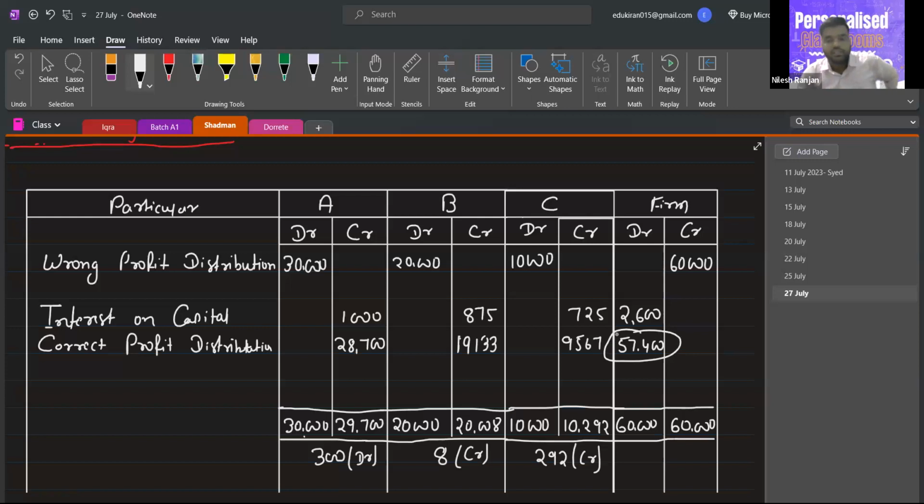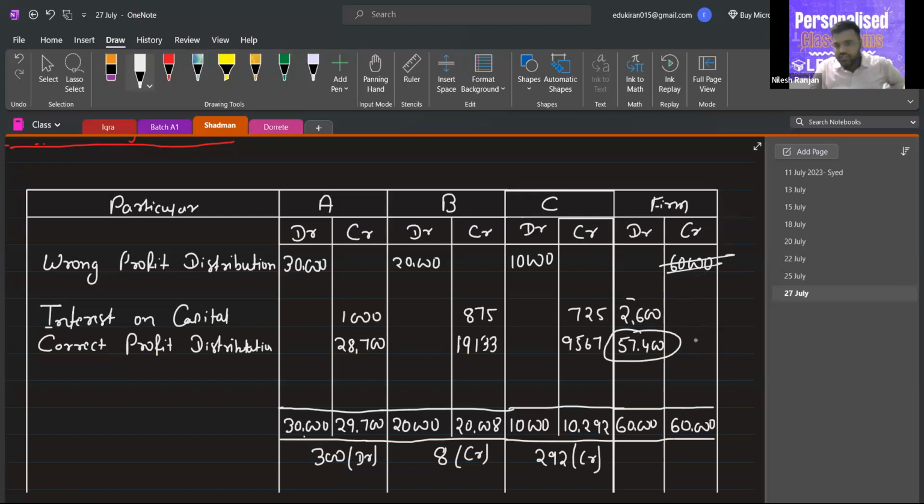Okay, sir. Sometimes the profit is not given in the question, like this 60,000 will not be given. In that case, if we are giving interest on capital, then the balance will be on the credit side. Yes or no? Yes, sir. Because this is 2,600 on the debit side and there is no amount on the credit side.